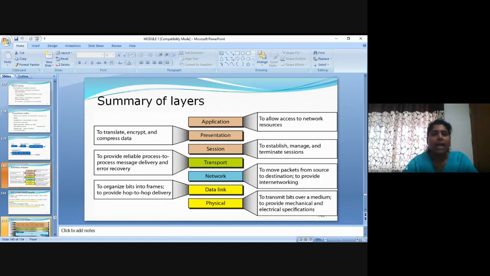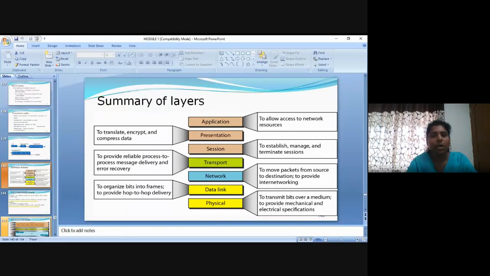So as a summary, I can just tell you the first layer, the 7th layer, which I told is the application layer, to allow access to the network resources. That is done by the application layer. Now, the presentation layer translates, encrypts, and compresses the data. The session layer establishes, manages, and terminates the sessions.